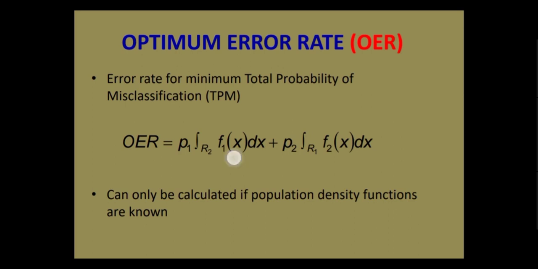We know f1(x), f2(x), then we need to integrate the function. So we can calculate this OER only if the population density functions are known. If we do not know the PDF for each variable, we cannot calculate this error rate.